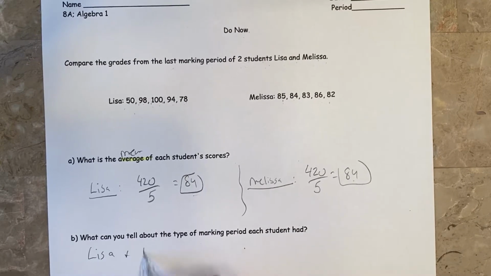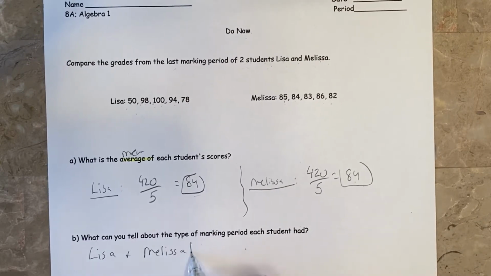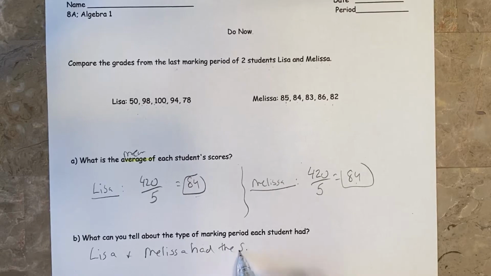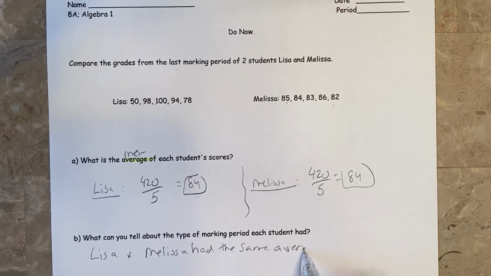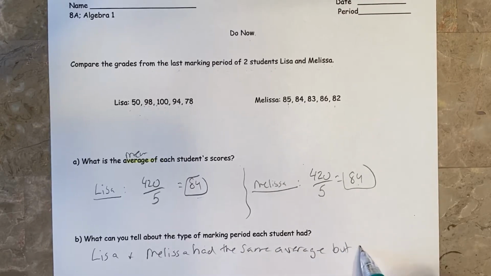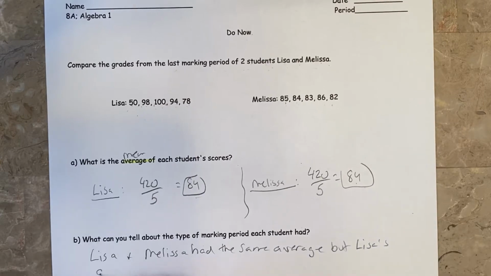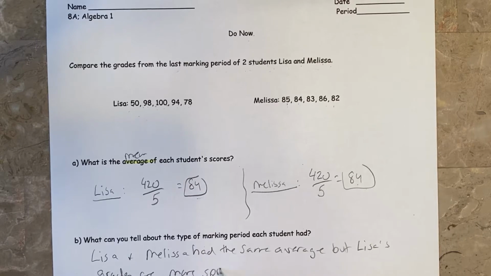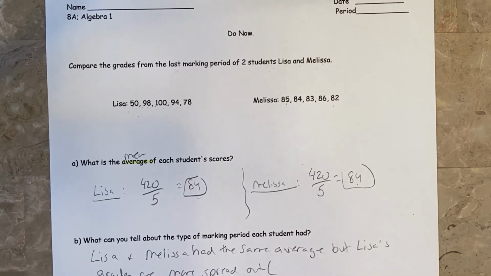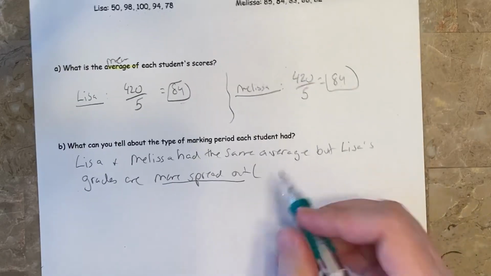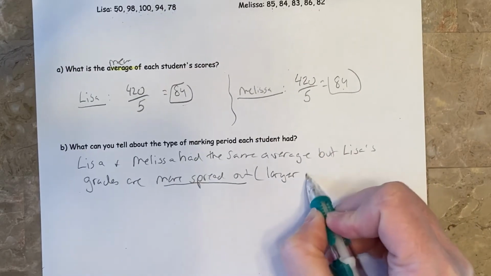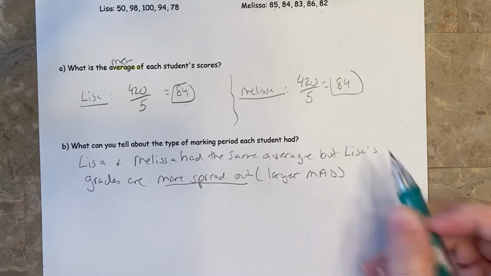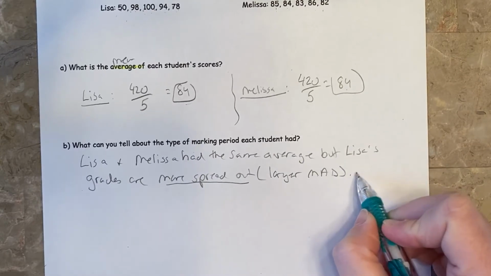So Lisa and Melissa had the same average, but Lisa's grades are more spread out. Okay, and what I'm going to write, this has to do with yesterday's lesson. If they're more spread out, you should remember that this means that she has a larger MAD, mean absolute deviation.